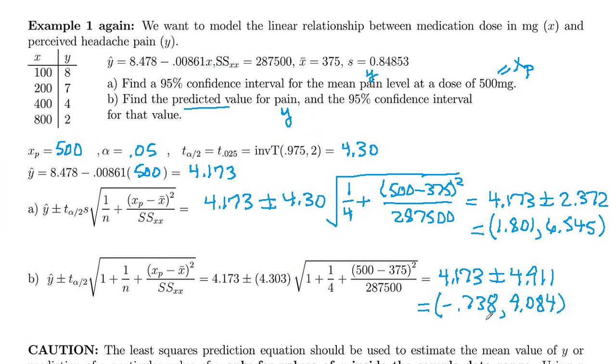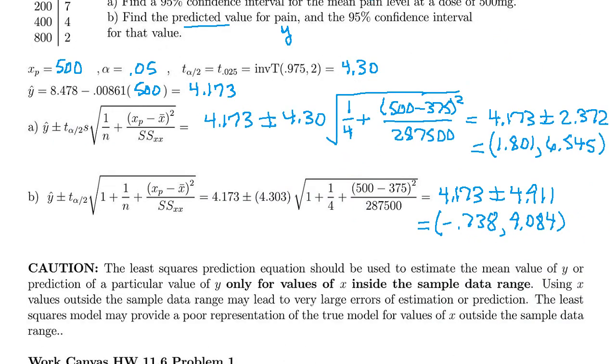So we are 95% confident that our predicted value for pain is going to be between negative 0.7 and 9.08 when you have 500 milligrams of medication dosage. This is a pretty wide margin here. That's really not giving us a lot of useful information there.